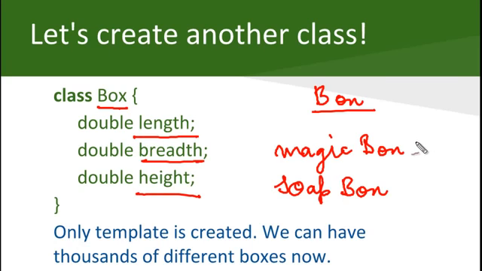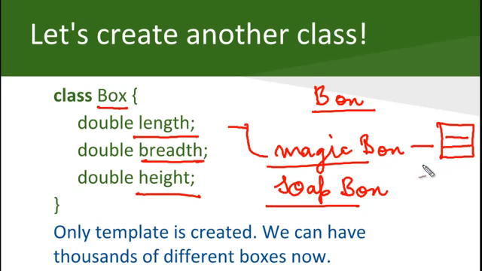A magic box can be very large, so the length, breadth and height fields can have very high values, whereas a soap box can be small. So these are the objects, and each object will have its own set of fields. So magic box will have its set of length, breadth and height, and soap box will have its set of length, breadth and height. These are basically the objects of the class box.